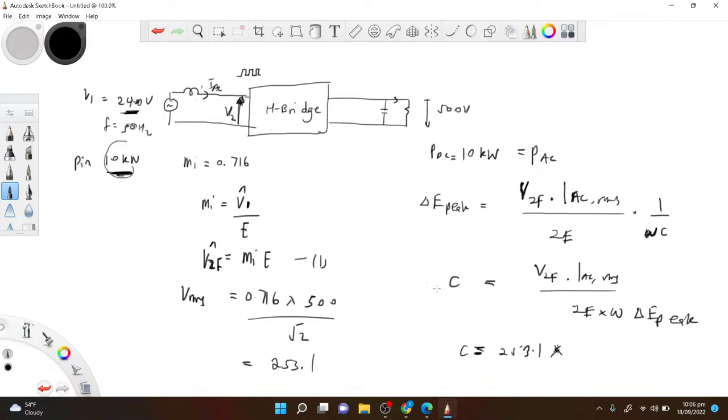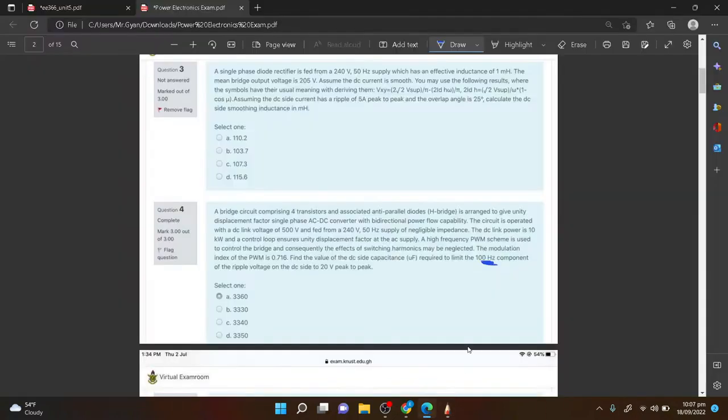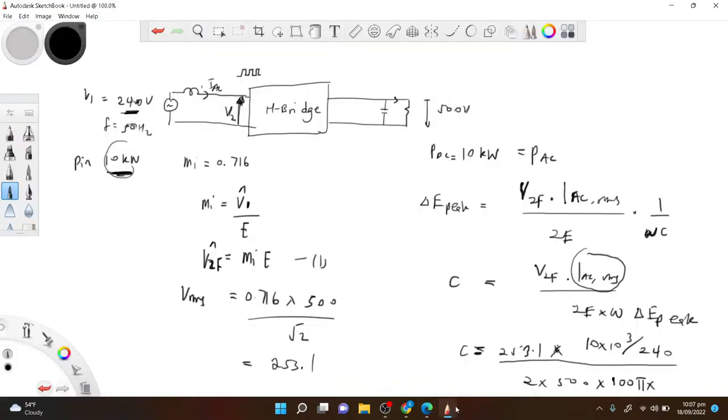IAC is power over input voltage, so I can write this current as 10 kilo over 240. So this over 2 times E, 500, times omega. Omega is 2 pi F, F is 50 Hertz, so that's 100 pi times, here they give us the peak to peak to be 20, so peak will be 10. So times 10.